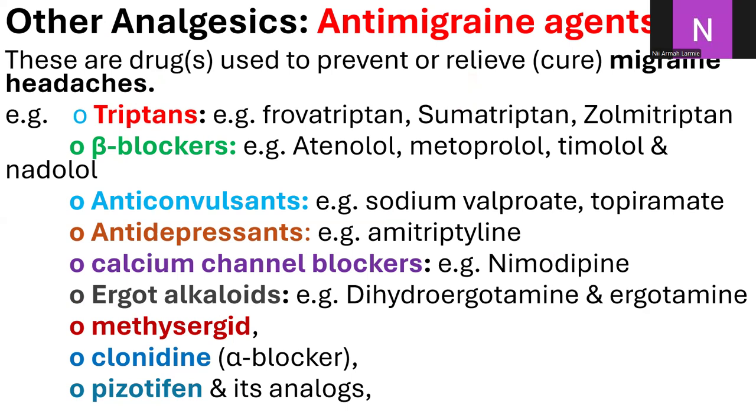So primarily, they are not used as such, but their effect can be very helpful in migraine headaches. And of course, NSAIDs that we've been discussing can also help with migraine headaches.